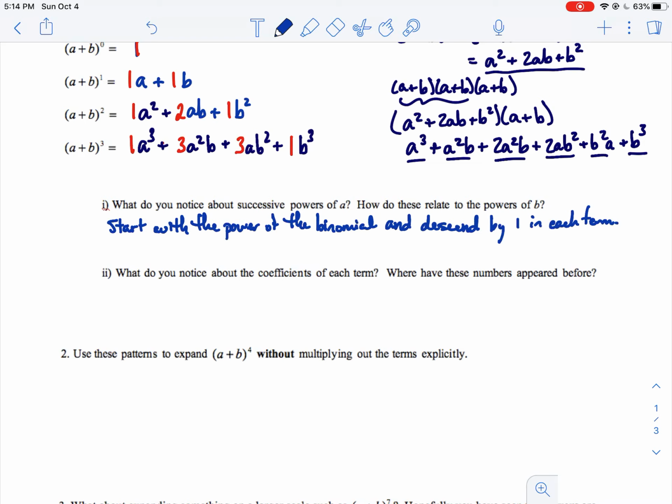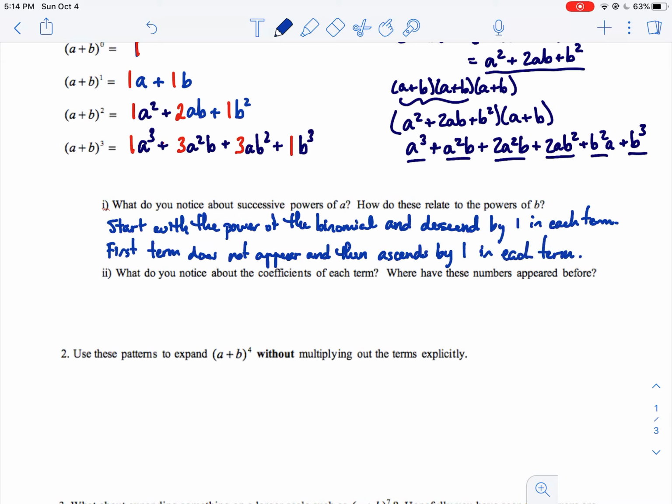Meanwhile, the b is not there in the first term, it does not appear, and then it ascends by 1 in each term.